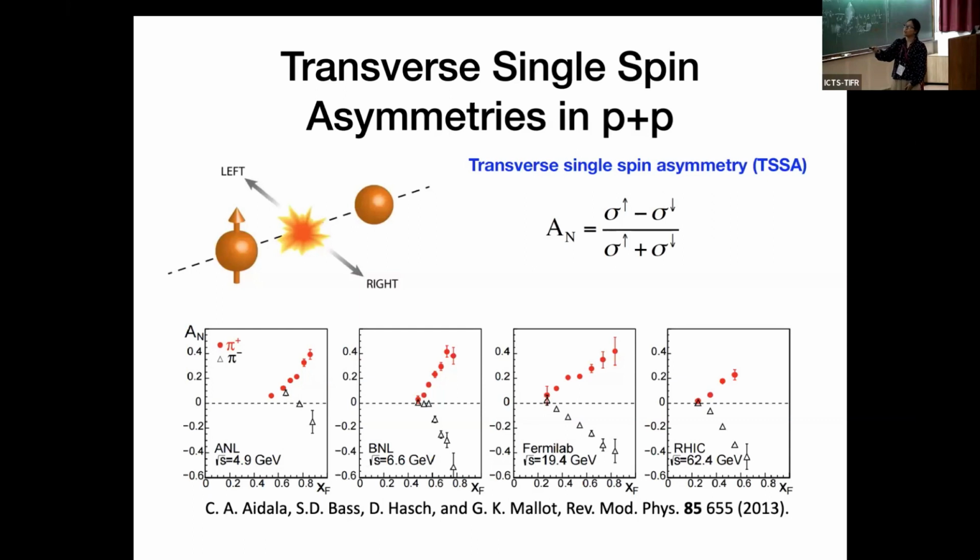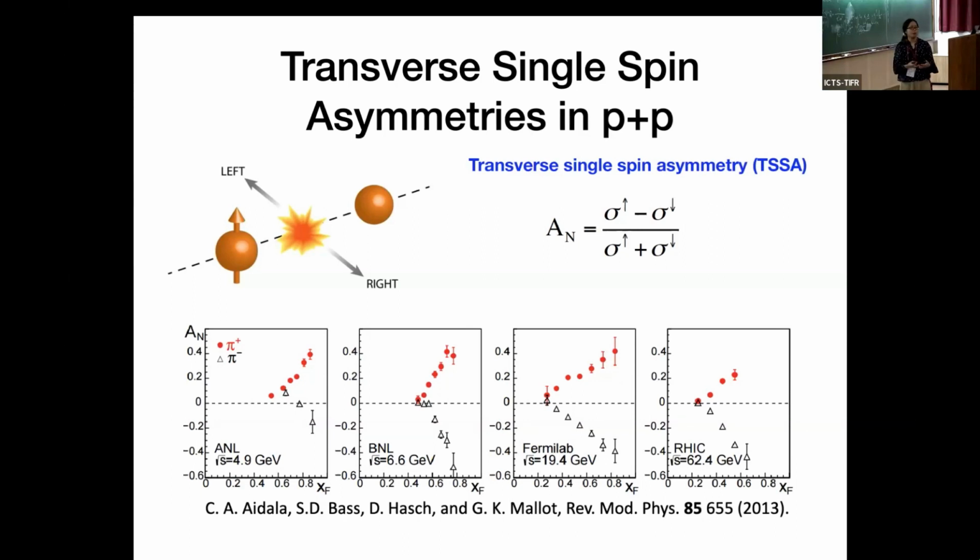This was showing the transverse single spin asymmetry in PP collisions back in 1970, and they measured a really large asymmetry first in the argon, and then they measured at different energies at Brookhaven and Fermilab and RHIC. And they continued seeing this very large asymmetry, and the size of the asymmetry looks almost similar, even though you're increasing the energy quite a bit.